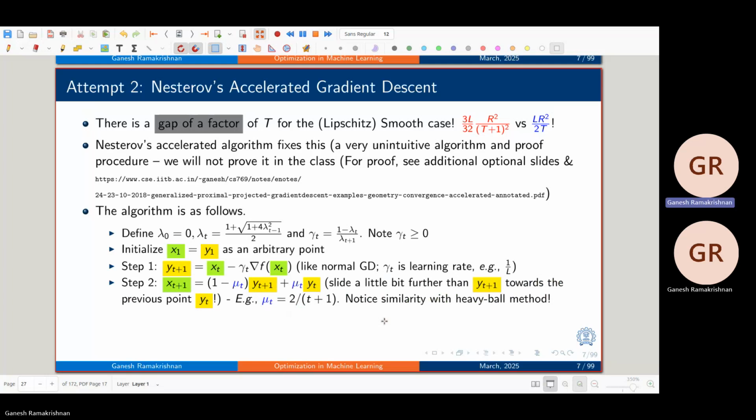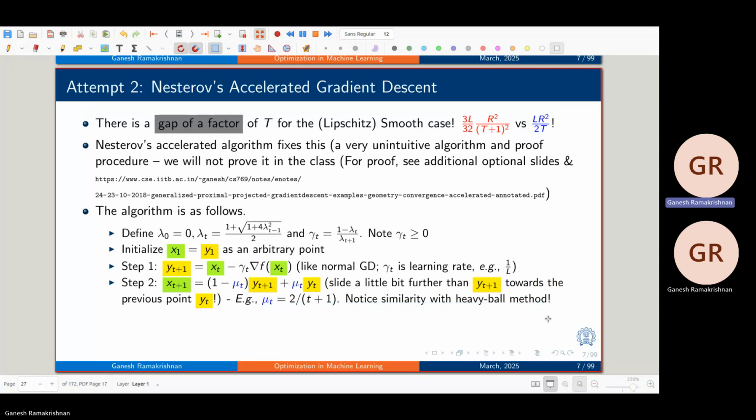So one very simple approach is to slide a little bit further from y t plus 1 by using mu t as 2 upon t plus 1. So this becomes very similar to the heavy ball method. What did the heavy ball method do?